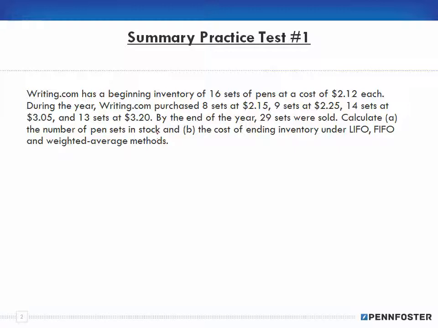All right, so let's set this data up in a way we can understand it. We're going to start out with our beginning inventory right here, and that was 16 sets at $212 each. And then they purchased 8 more at $215. Notice that even though there's no date, I'm going at the very top as my first ones in.